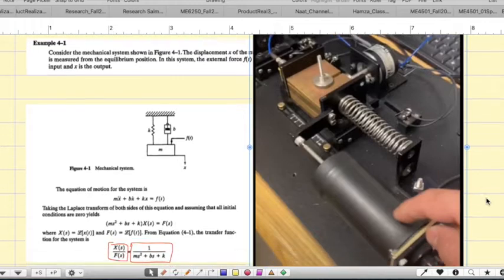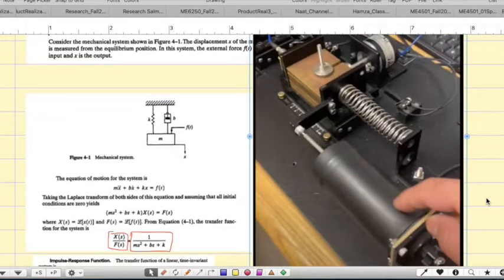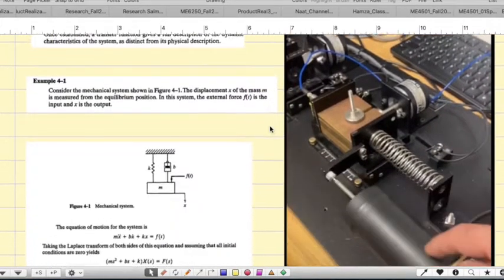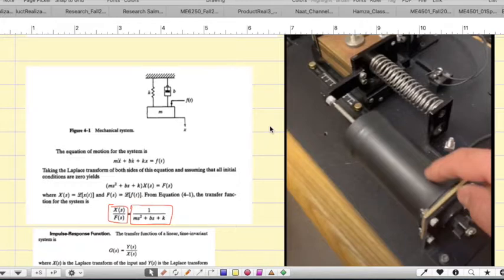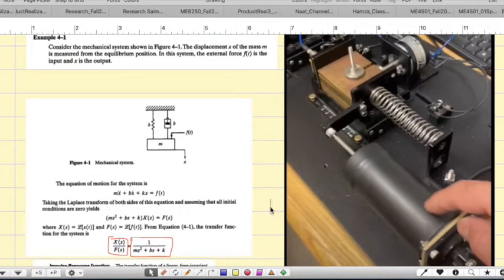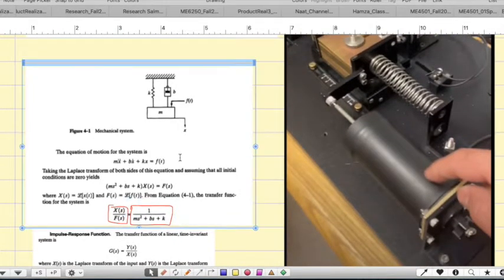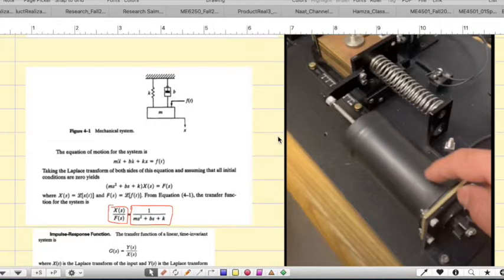So we know that the spring constant is 800 or 400 or 200, depending upon which spring you have attached, and you have a damper. So we can find out the damping coefficient. Some people write B as the damping coefficient, some people write C. It does not matter. But the thing which matters is you should know how to derive the equation of motion, and then from there how to find out the transfer function.